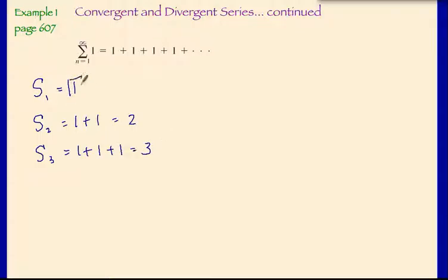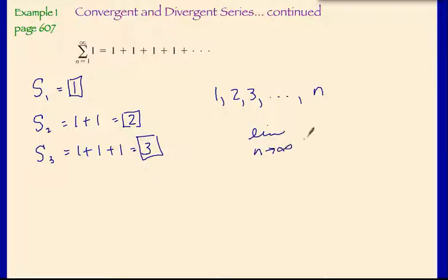If we look now at these partial sums as a sequence, 1, 2, 3, dot, dot, dot, the general term is going to be n. This is not approaching any particular number or limit. In fact, the limit as n approaches infinity of n is infinity. Obviously, it's increasing without bound. Therefore, this series diverges.